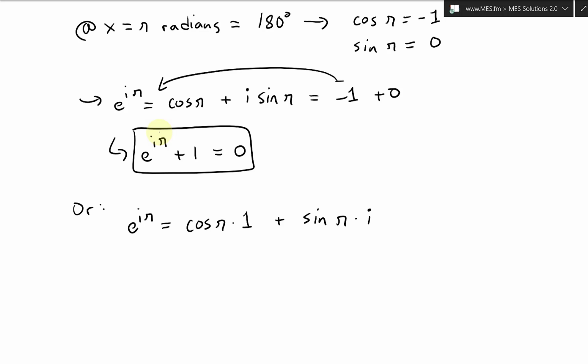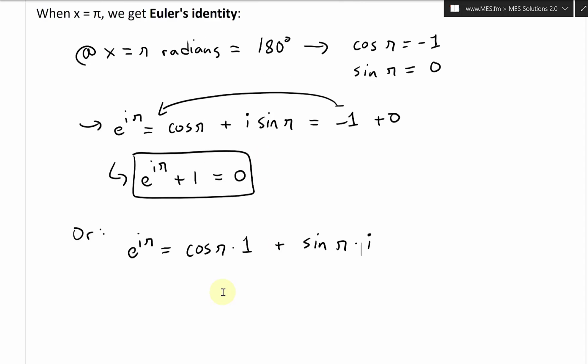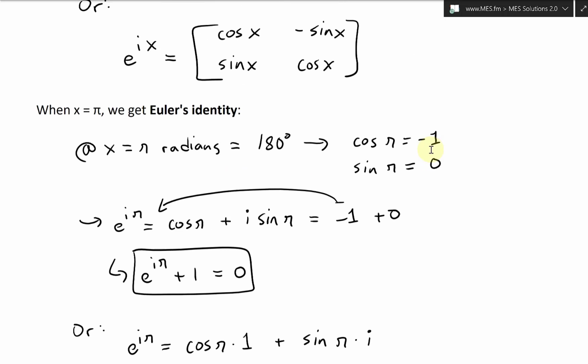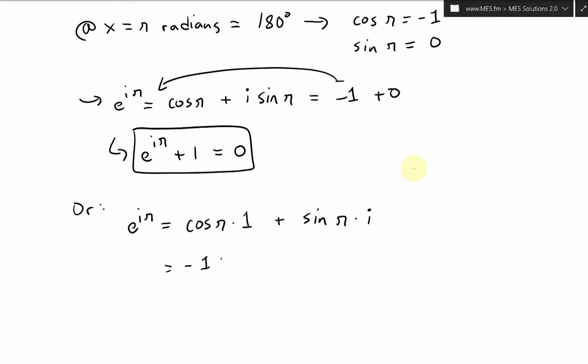So just rearrange this, put the 1 there. Now this equals negative 1 times 1, since cosine pi is negative 1, plus the next one, 0 times i.